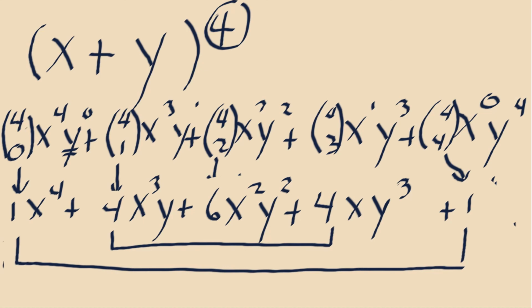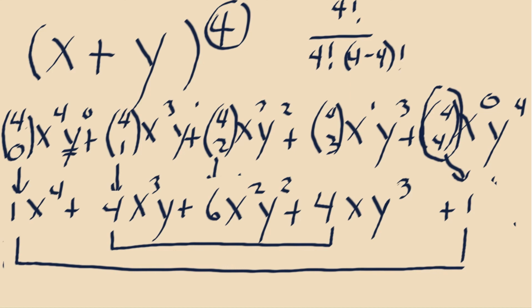So to get the last one, 4 factorial over this 4 factorial times the 4 minus 4 factorial. So that 4 factorial is 4 times 3 times 2 times 1 over the 4 factorial, which is another 4, 3, 2, 1.